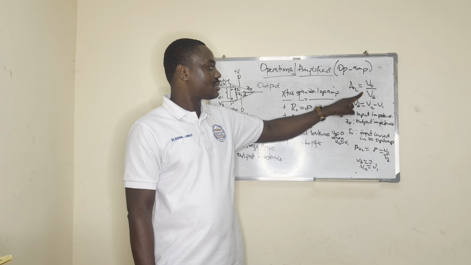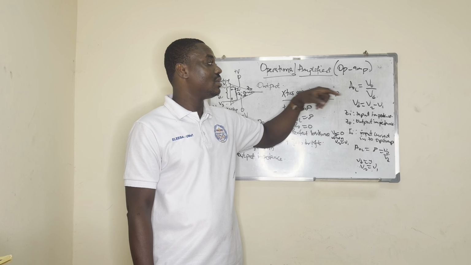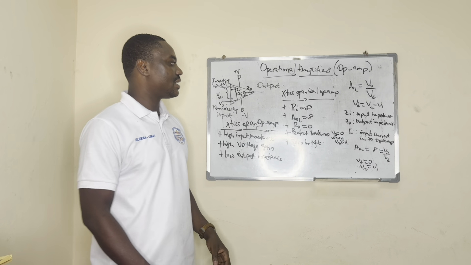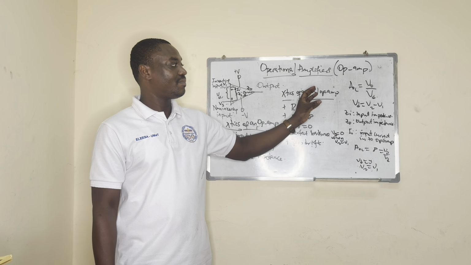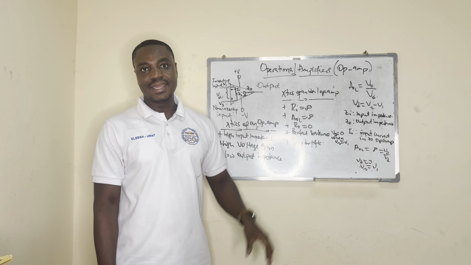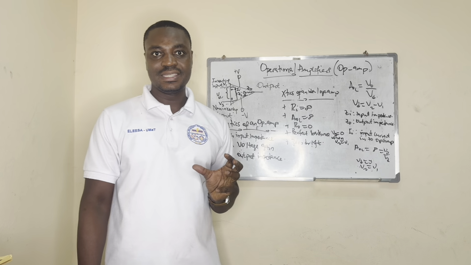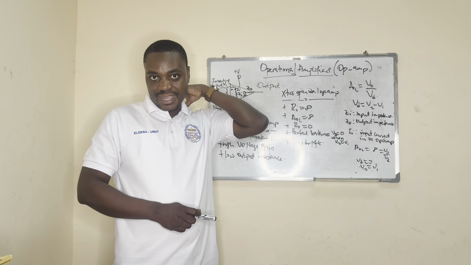Why? Because the open loop voltage gain is equal to the output voltage over the differential input voltage. This is based on the standard formula for calculating gain.